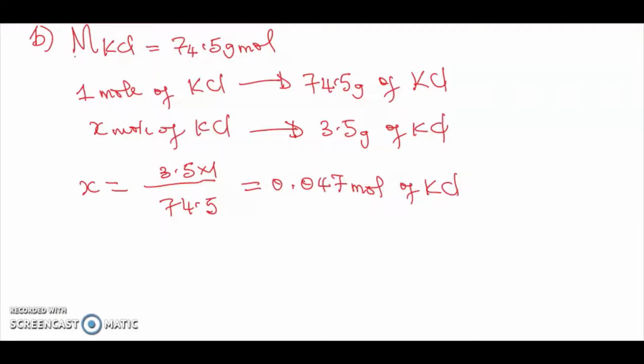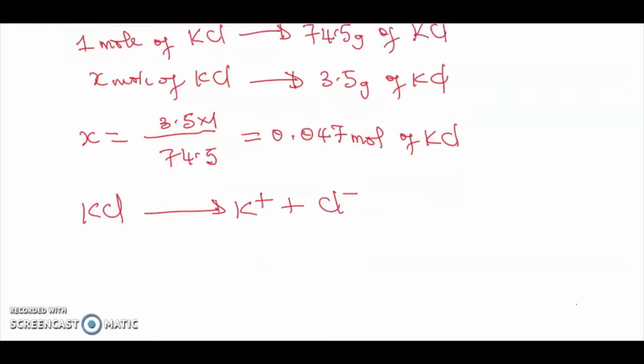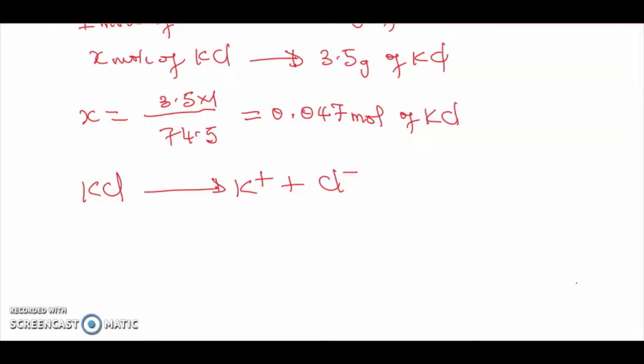But remember, we want to calculate the number of moles of potassium ions. So let's dissociate KCl. When it dissociates, it gives us potassium ion plus chloride ion. So 1 mole of KCl will give us 1 mole of K+ ion. So the mole ratio of KCl to K+ is 1:1.